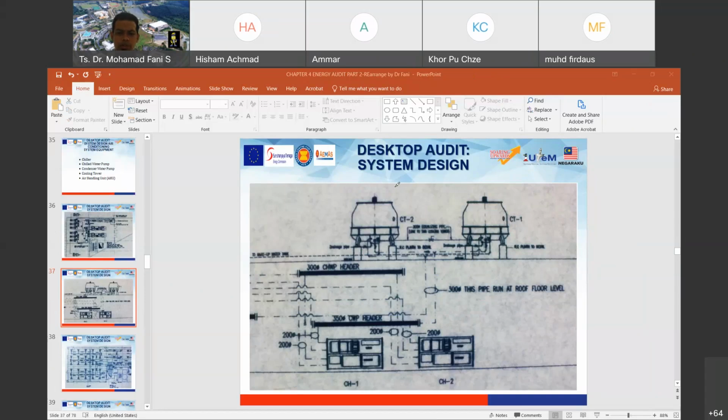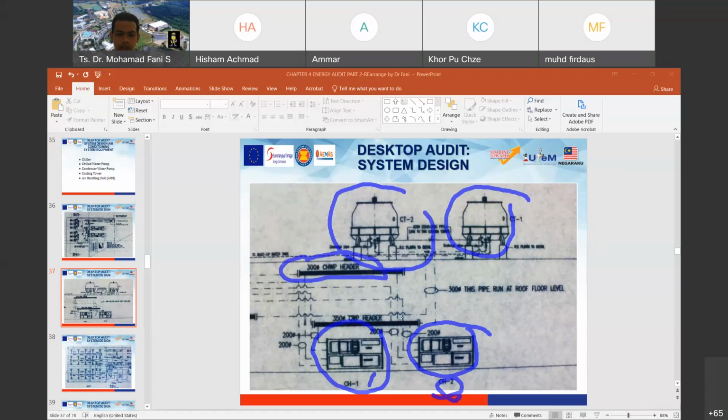This slide shows an example of the cooling tower drawing. I think this is chiller 1 and chiller 2. You can see here the cooling tower. Piping goes here to the chill water pump header.